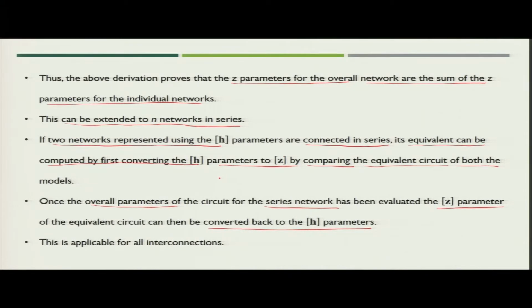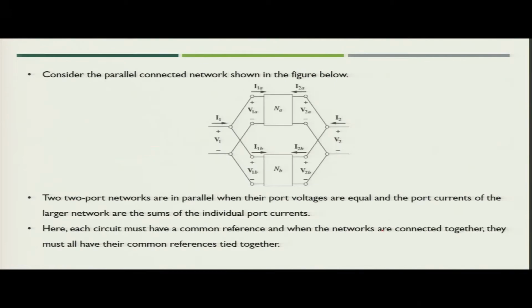The same is true for y or g or any other parameter which you get from the sub networks. You can first convert them into the z parameters, then add them, and the final z parameter matrix can be converted back into the h parameter matrix.